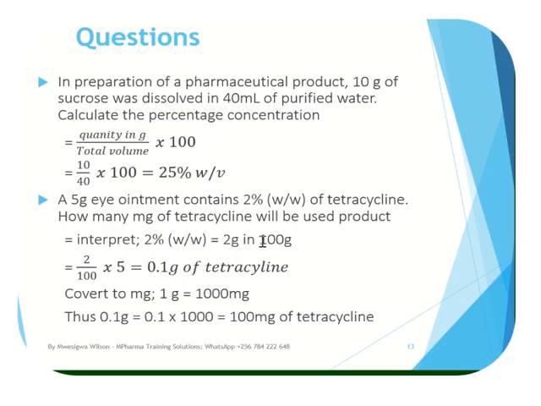It means 2 grams in 100 grams. So just as simple as saying 2 out of 100 times 5, giving me 0.1 grams of tetracycline. However, remember the question wants us to write the answer in milligrams. So you have to convert the answer to milligrams, and using that conversion, you can easily come up with the answer in milligrams of tetracycline.